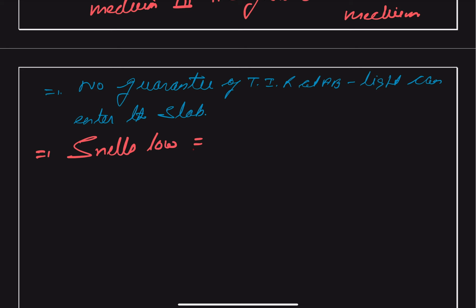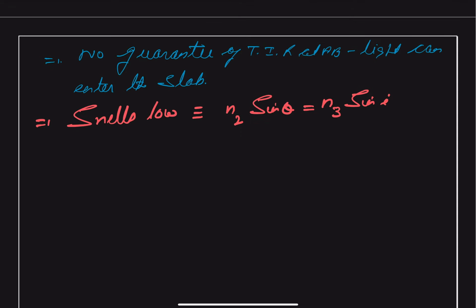So therefore we can apply Snell's law, and it gives us that n2 sine of theta will be equal to n3 times the sine of the incident angle. So sine of the incident angle will be equal to n2 upon n3 times sine of theta. But we already know that sine of theta is greater than or equal to n2 upon n1.